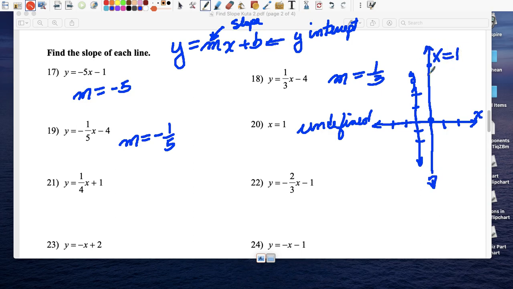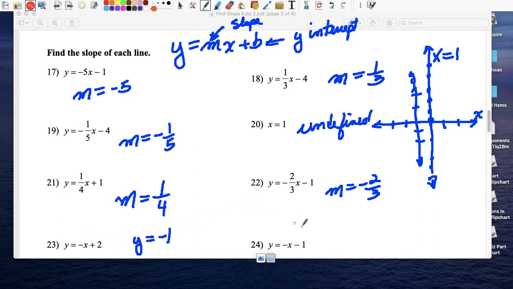Any point that you select on this line is going to be 1 comma something. It doesn't matter. The x value is always going to be 1 from every point on that line. And because that's a vertical line, and we talked about it, the slope is undefined. So this one, slope 1 over 4, positive, slope negative 2 over 3, slope equals negative 1.